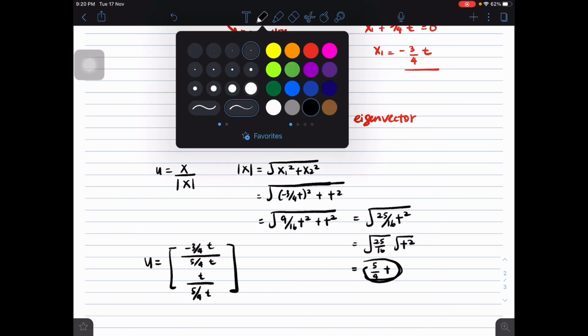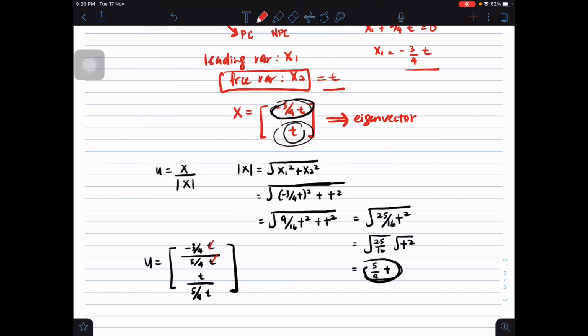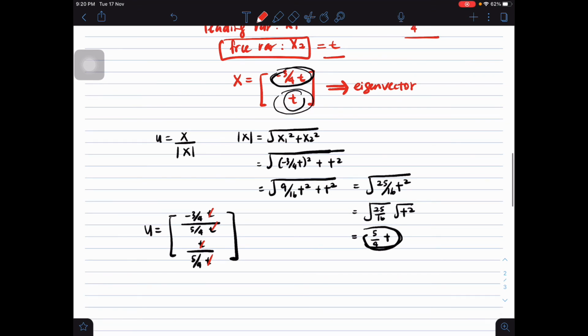Here you can cancel out. So what you will have here is u equal to negative 3/5 and 4/5. So this one is your normal eigenvector.